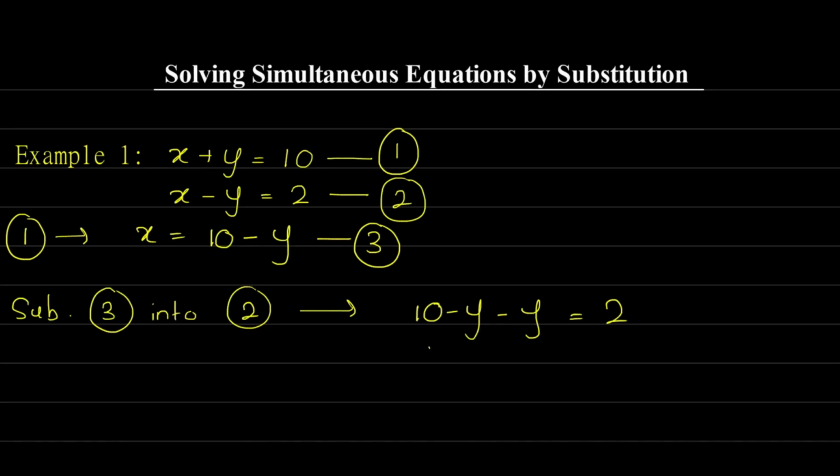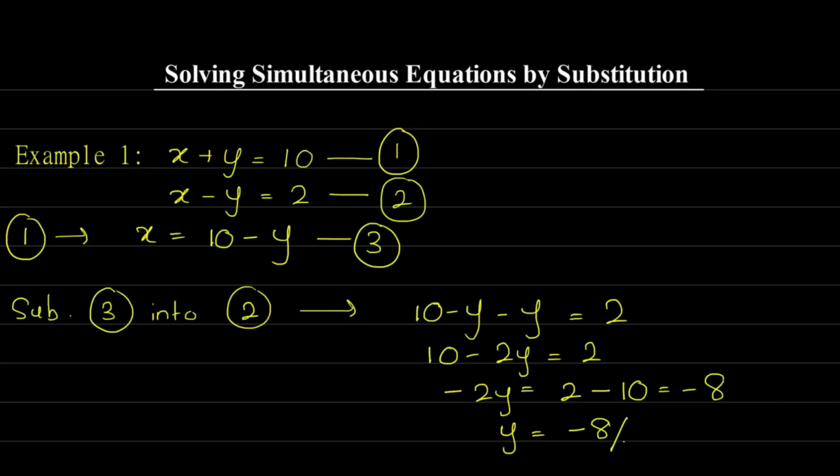So this is equal to 10 minus 2y equals 2, and minus 2y equals 2 minus 10, and that is equal to minus 8, and y is equal to minus 8 divided by minus 2, and that is equal to 4.